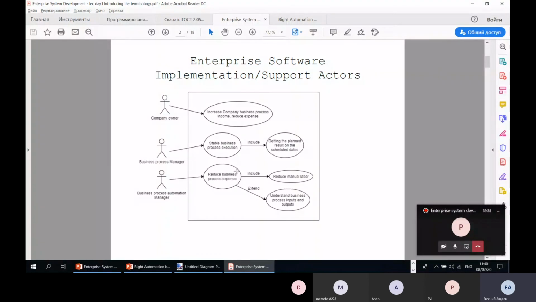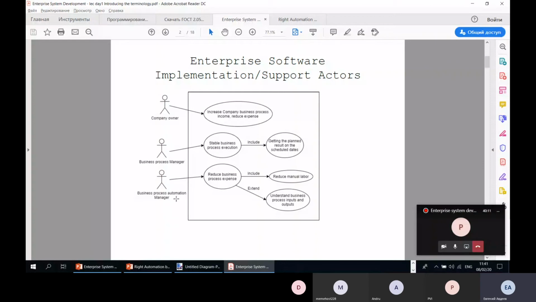To provide this, they of course have to understand business process inputs and outputs, and usually the reduction of expenses is made by reduction of manual labor. So if we have some actions which are made manually by hand, we can automate them, so they will be done automatically. Sometimes we can change some business process.